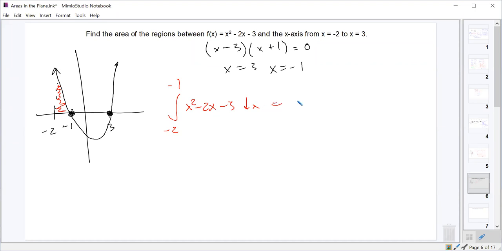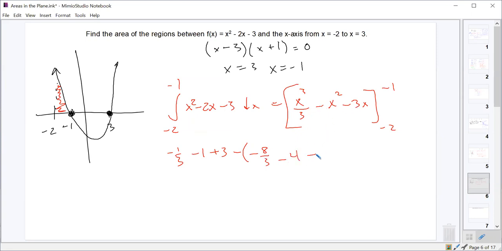So if I integrate that, what does that become? x cubed over 3 minus x squared minus 3x from -2 to -1, which gives us what? -1/3 minus 1 plus 3, minus -8/3 plus, minus 4 plus 6.